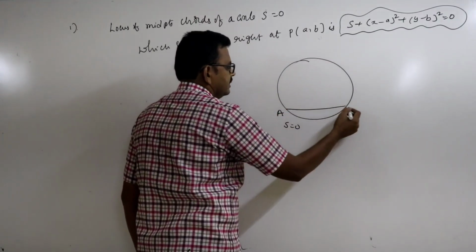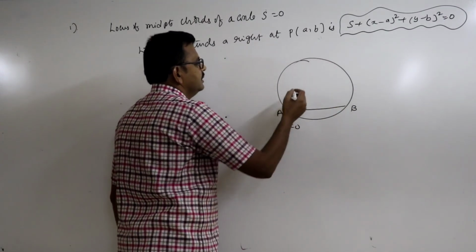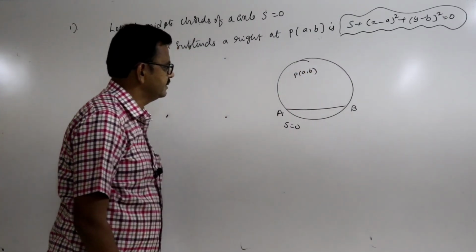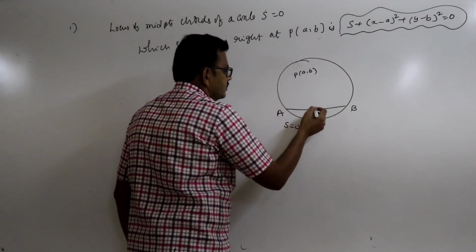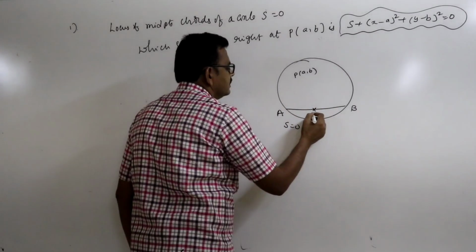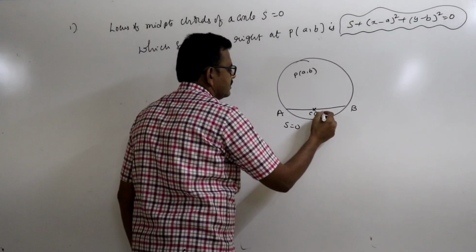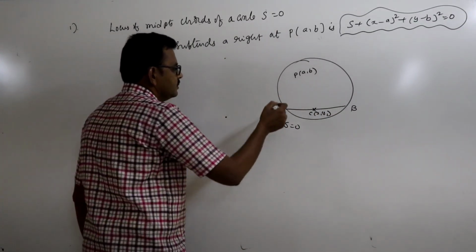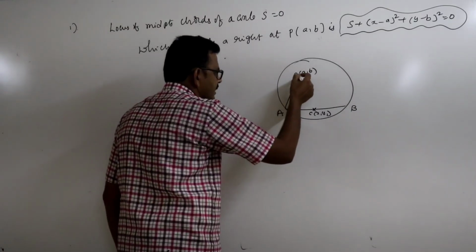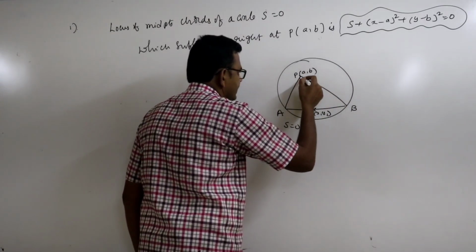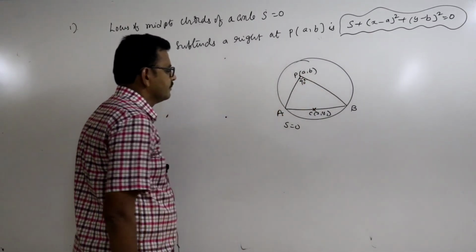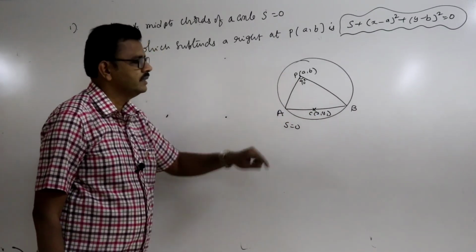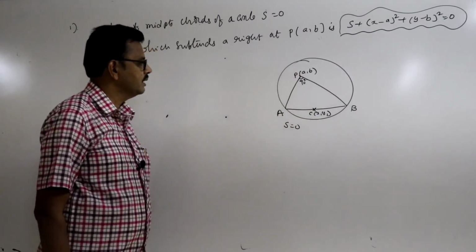Let this be A, this be B, and this some point P(a, b). The midpoint of the chord is x1, y1. This chord AB makes an angle of 90 degrees at the point P(a, b).